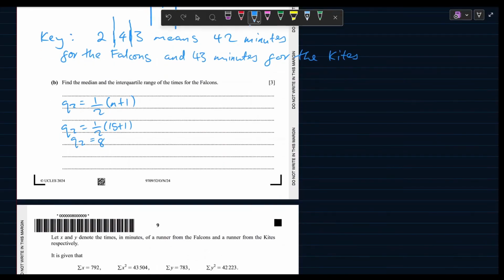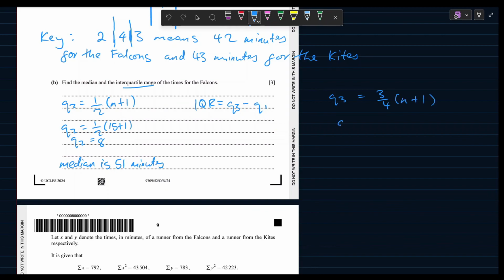Our median is 51 minutes. And then we also want our interquartile range. So interquartile range we get from upper quartile minus lower quartile. So to get our upper quartile position, Q3 is going to be 3/4 of n plus 1.